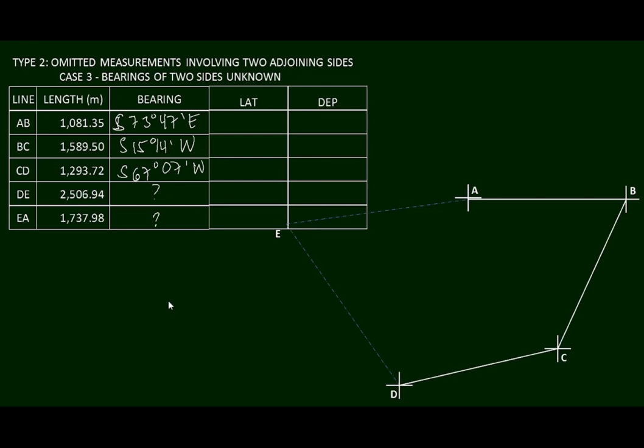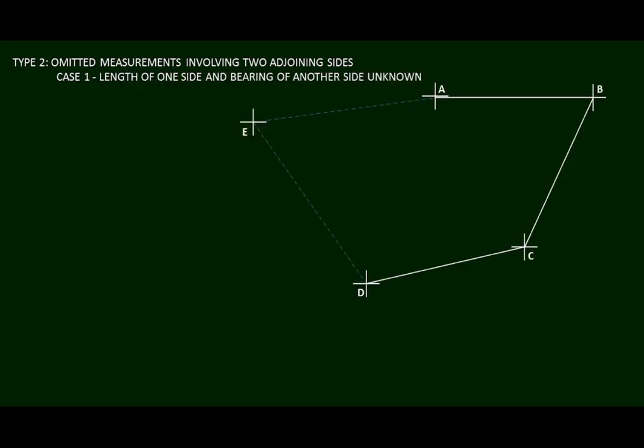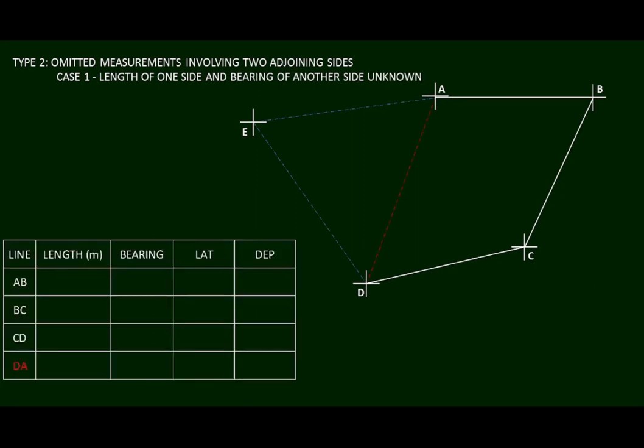So, ito yung itsura ng ating traverse. So, as always, yung ginawa natin previously, we have to introduce a closing line. So, yan yung aking closing line kay line DA. Then, what we did next, kung si closing line ko si DA, I'm going to solve the length and bearing of my closing line DA.